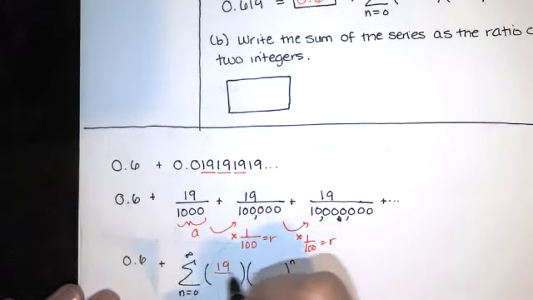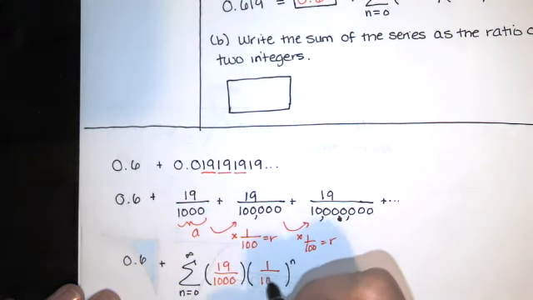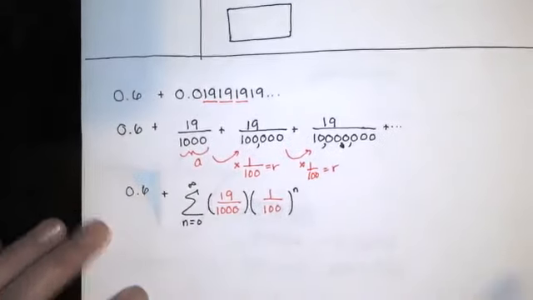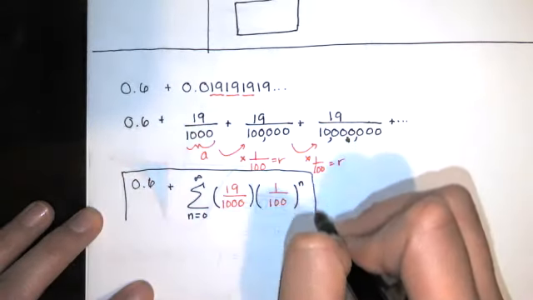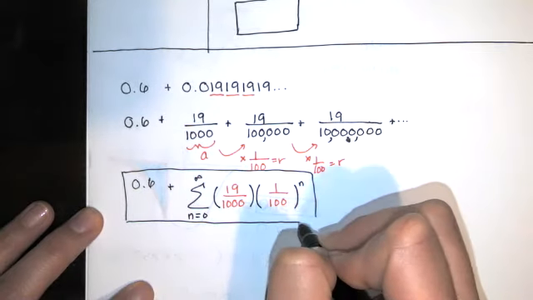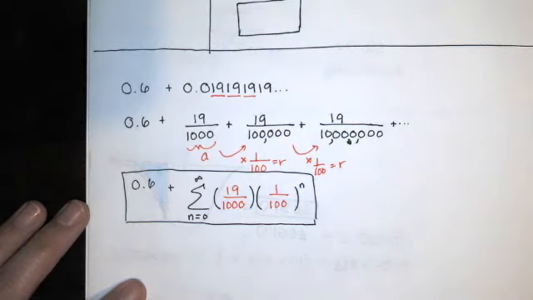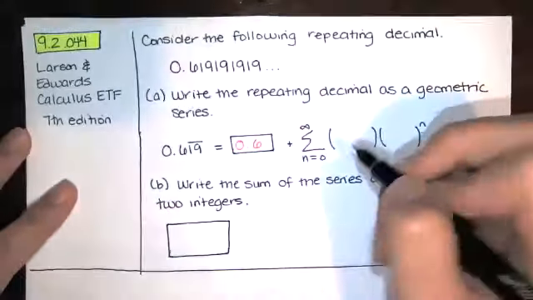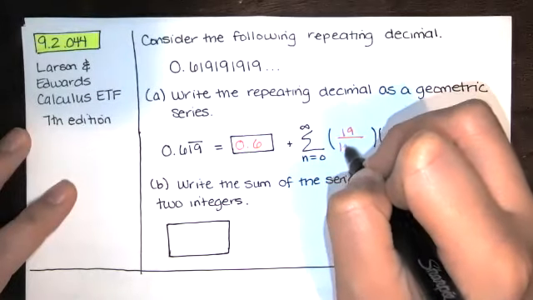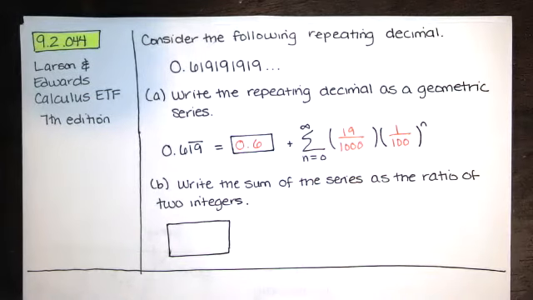And the first term is 19 over 1,000, and the r value is 1 over 100. So you can write it this way. This is one version of the answer. If you want, you could write these as decimals as well, but I think I'll keep them as fractions though. Okay, so that's that part.